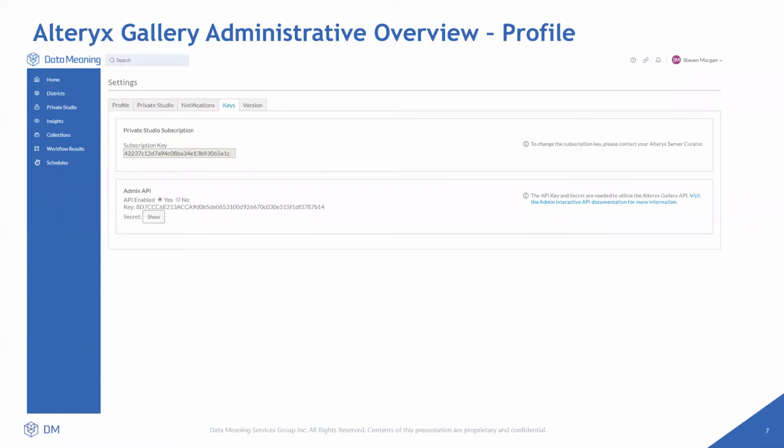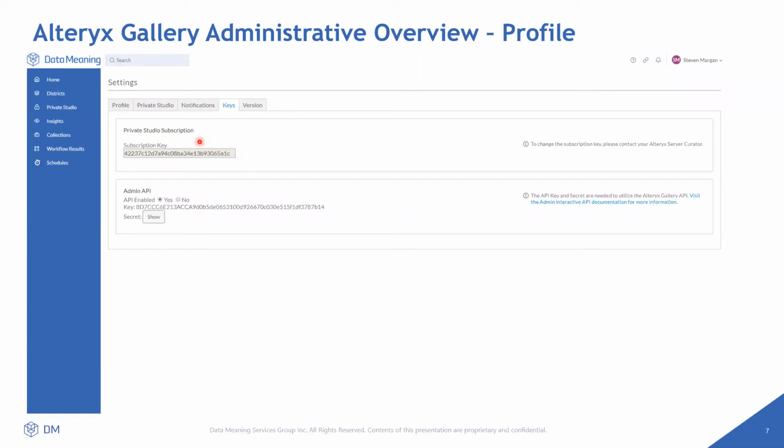Now, the Alteryx server has a backend API that allows you to trigger workflows to run, to schedule them to a queue, or access different portions of the Alteryx Gallery. And when you are working with other workflows that are chaining off of one another, or you may have other environments or a third-party program that needs to leverage some of what is inside the Alteryx server, but you want to do it through proper means as opposed to maybe a hard-coded solution, you can leverage some of these API keys and get a lot of benefit.